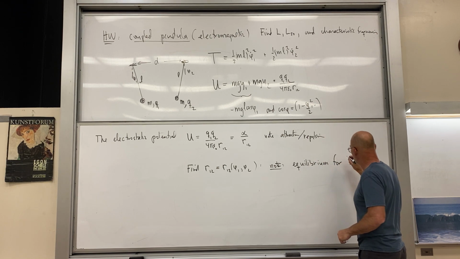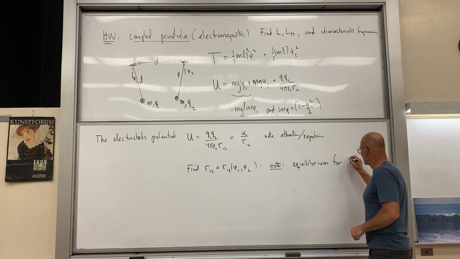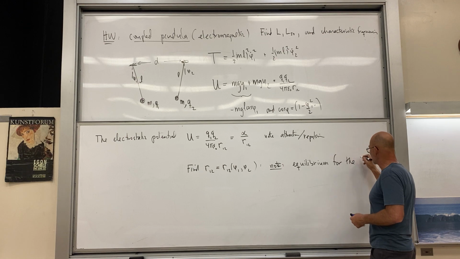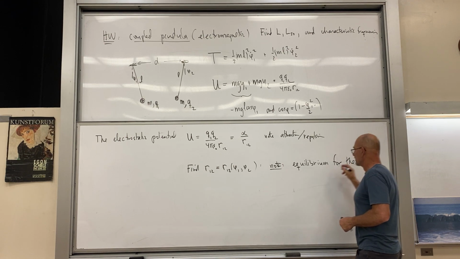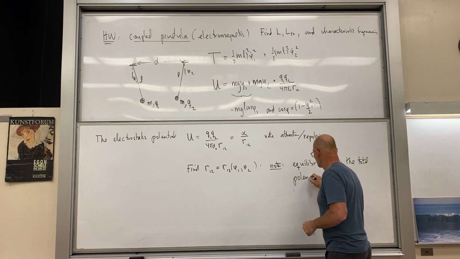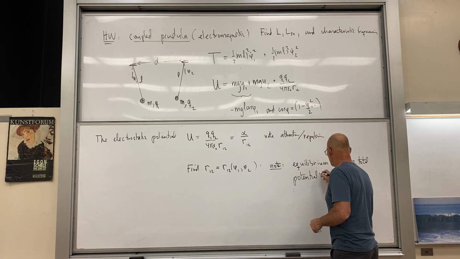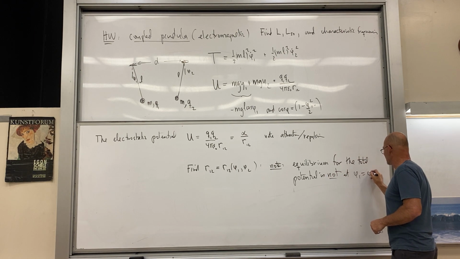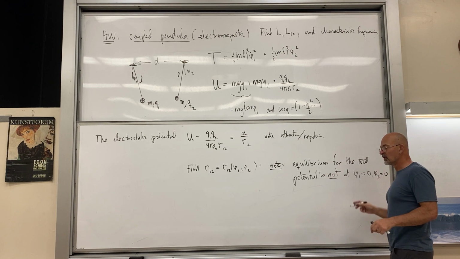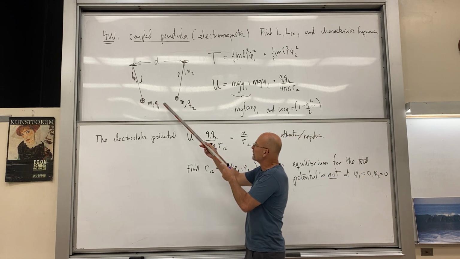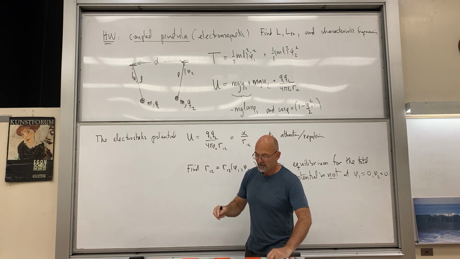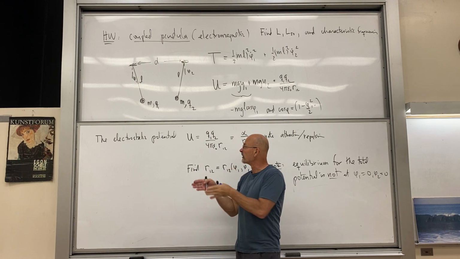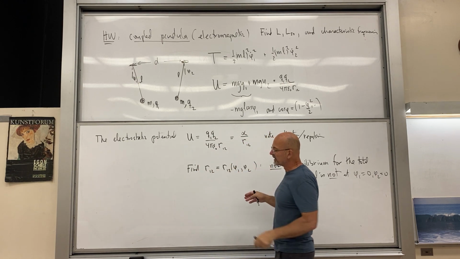Equilibrium for the total potential, right? Potential is not at phi1 equals 0, phi2 equals 0, because there's that little bit of attraction or repulsion, they would either be kicked in a little bit or kicked out a little bit.